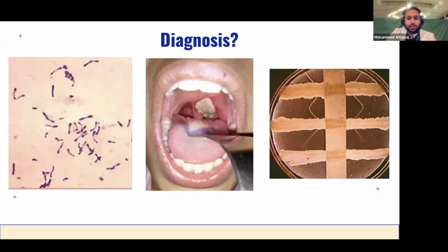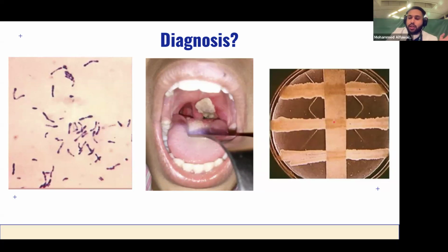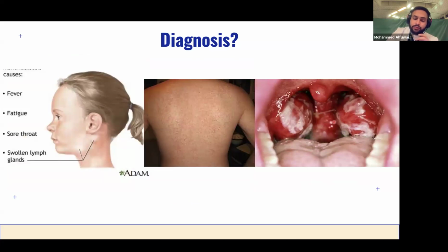No, because we know that this doesn't have toxin. Then we look at the unknown, which is this patient. Do they have the toxin, yes or no? Yes, because it precipitates between the two. That's what you need to know for diphtheria.